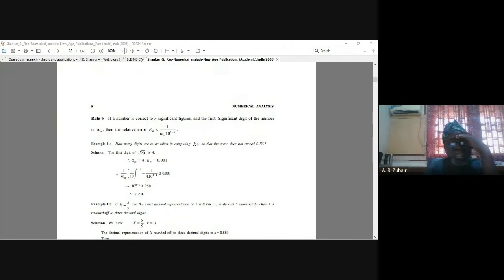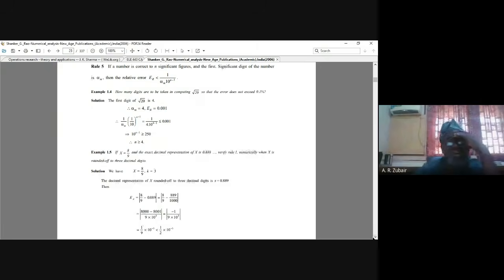So n should be greater than or equal to 4. Well, the formula that he has used is not that clear, but at least by the analysis that we have done, I think we are good to go.